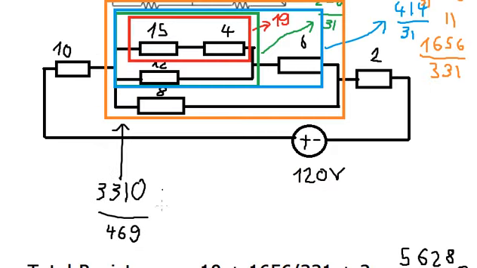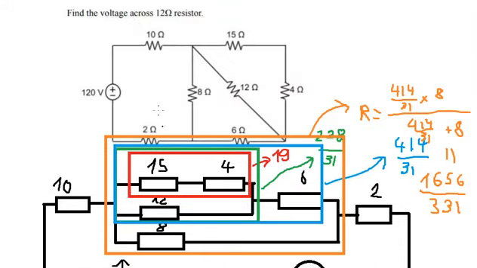Now the question they ask, we want to find the voltage of the 12 ohms resistor in here. Number 12, that's this one. In the parallel, we know that the voltage will be the same across them.